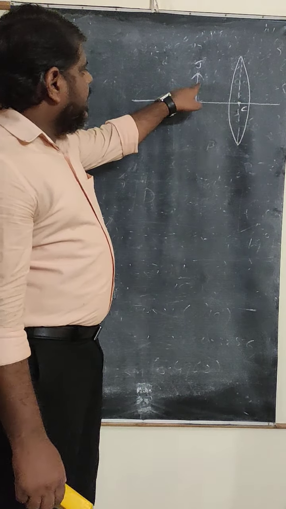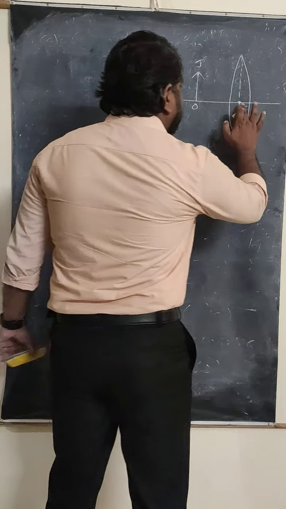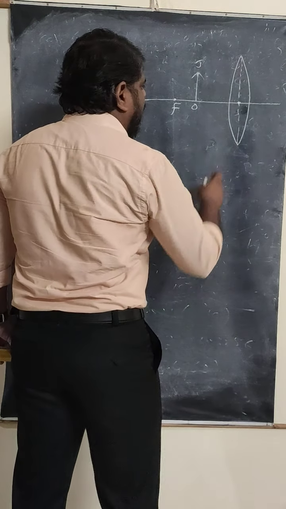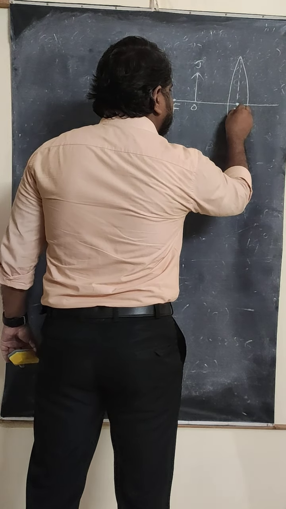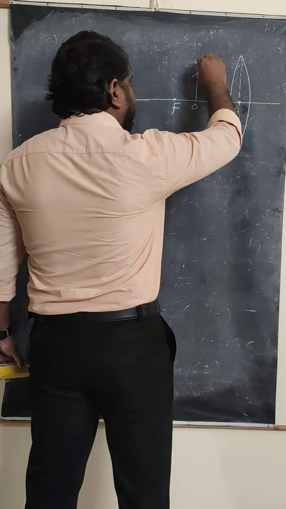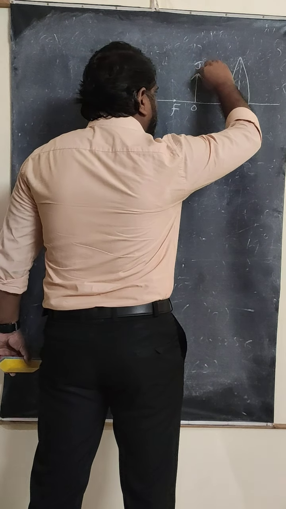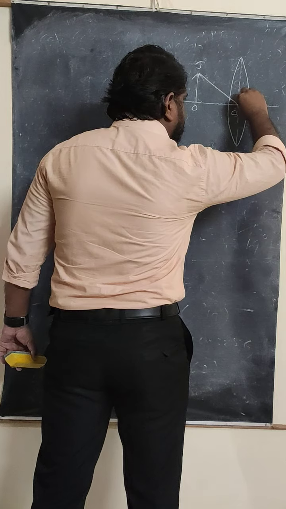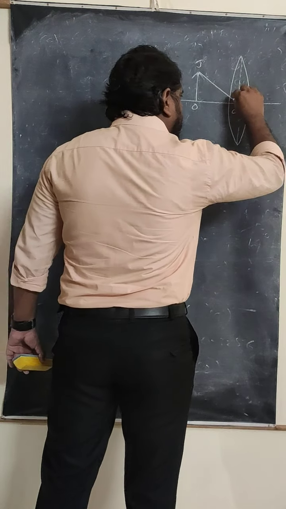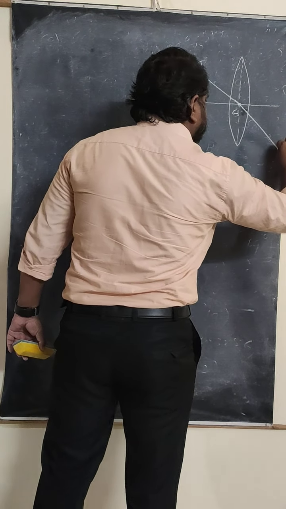Then what happens? The light rays coming from the object will pass through the optic center. Let us say this is the optic center C, and one ray of light passing through the optic center does not undergo any refraction. It will travel in a straight direction like this.